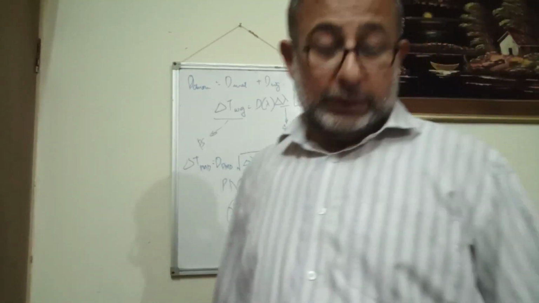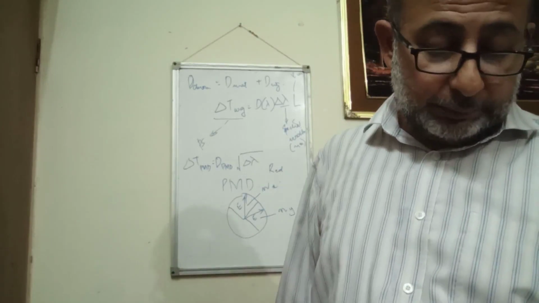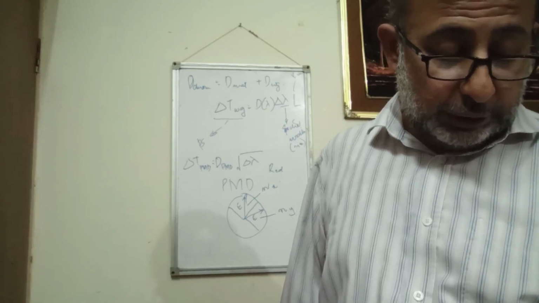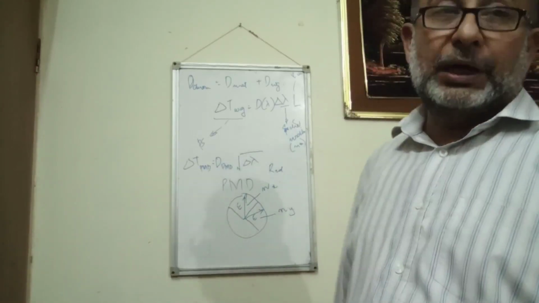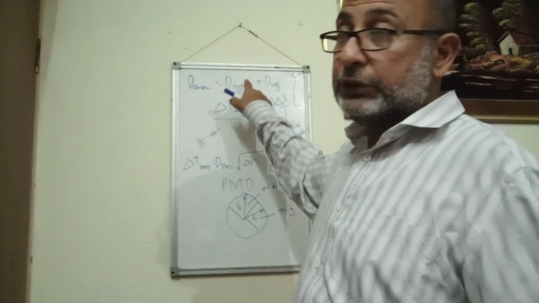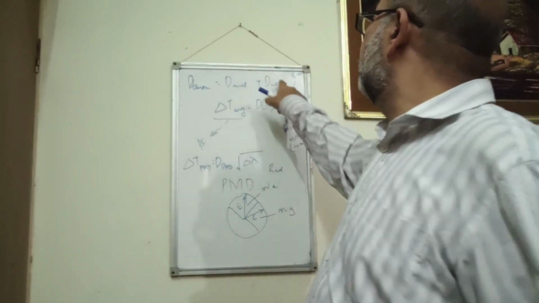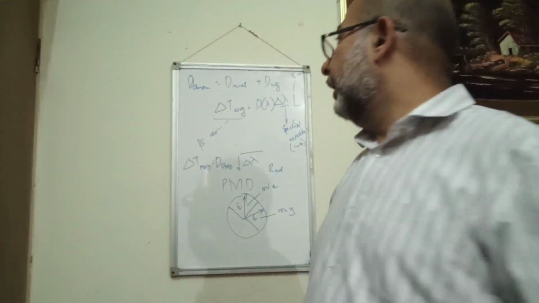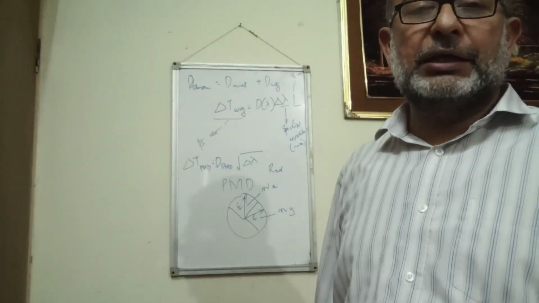Now let's move back to our chromatic dispersion part, in which we have already defined that the total chromatic dispersion parameter is equal to the chromatic dispersion parameter due to material plus the dispersion parameter due to waveguides. So we can add them up and find the value of total chromatic dispersion.